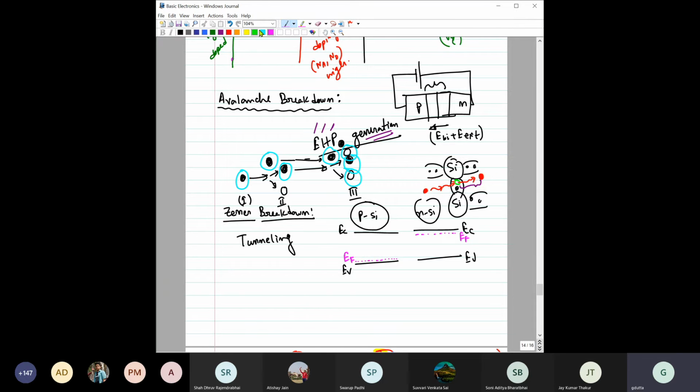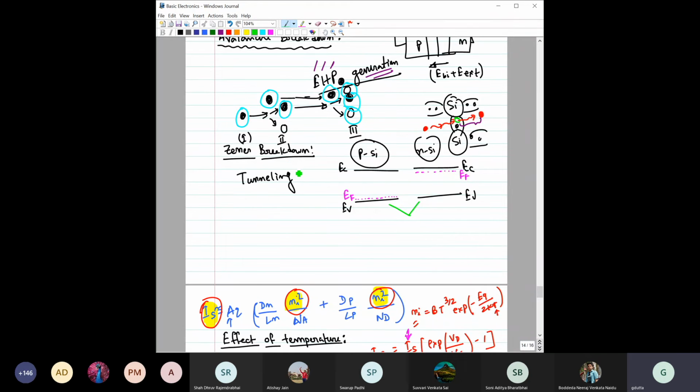Now, when you keep this P and N silicon in contact, it will form the PN junction, right? And when the PN junction forms and you have to draw it in terms of a band diagram, you should first keep this EF aligned.